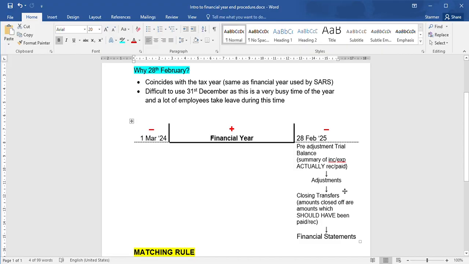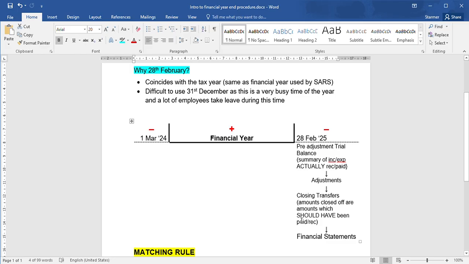Now, if you think about a nominal section in the ledger, if you just look at the ledger, and I say to you, how much profit did you make? You're not going to be able to tell me by just looking in the ledger. So therefore, we're going to have to do something called closing transfers. And the amounts that are going to get closed off are going to be the amounts that should have been paid or received.